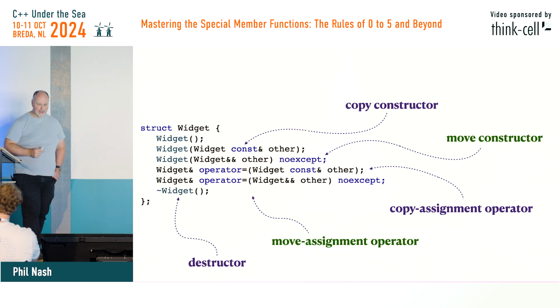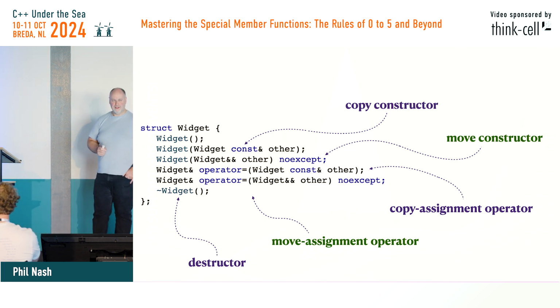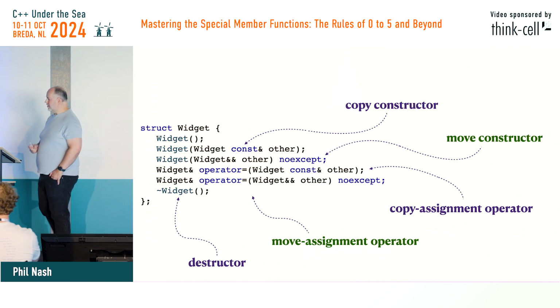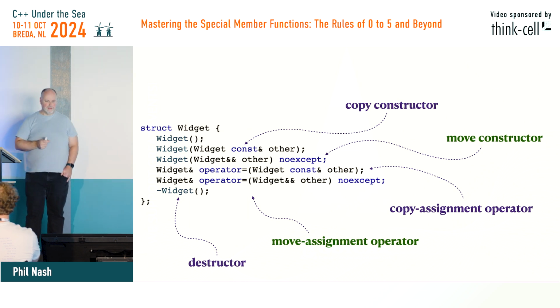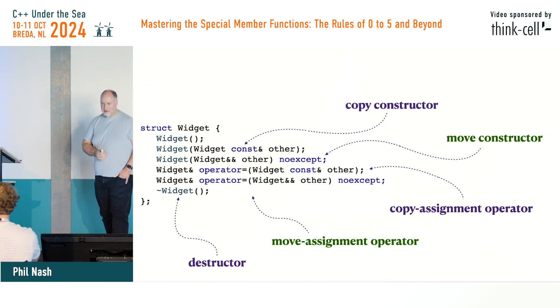Okay, another recap. Now, by this point, I've got too much code to fit on one slide at a font size you can read. So I'm just summarizing with the definitions here, but we have now 5 special member functions, as well as the copy constructor, copy assignment operator, and destructor.